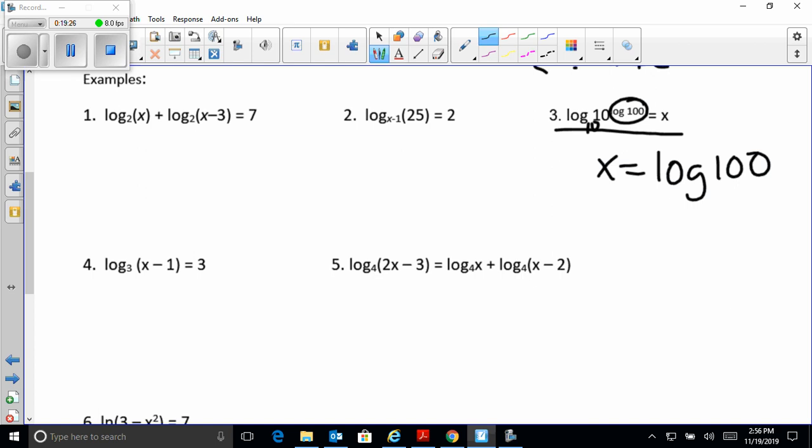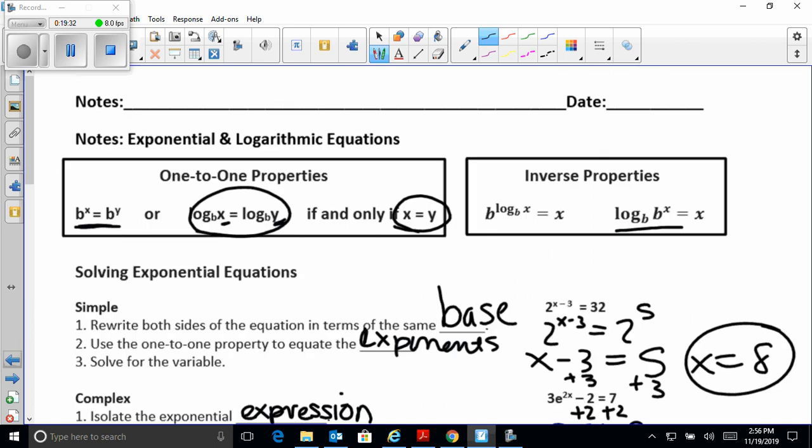I'm taking the log of, and this goes back to our inverse property, a base raised to a power. So my answer is just that power, and the power here was log 100.